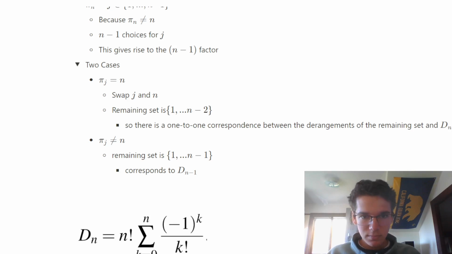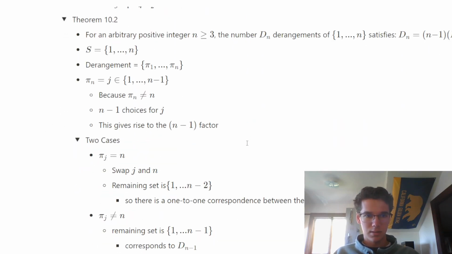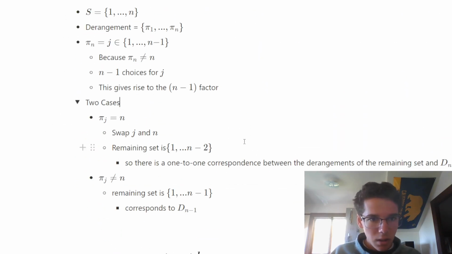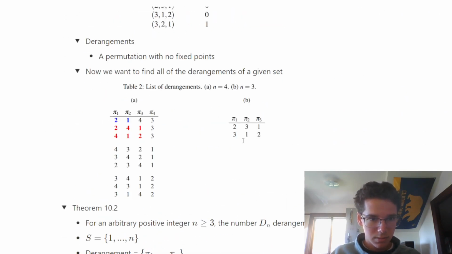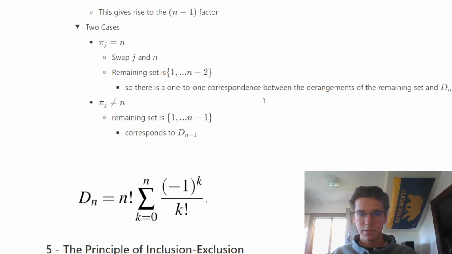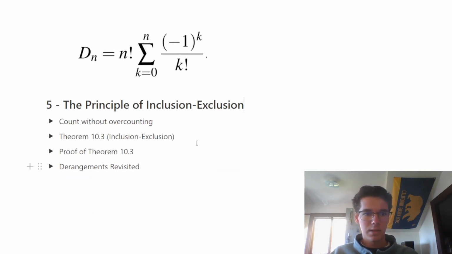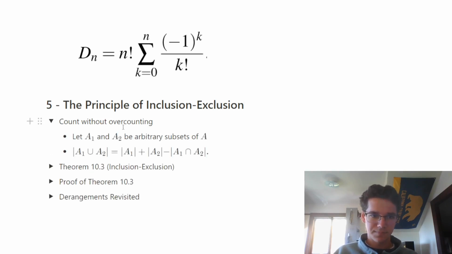So basically this equation right here corresponds to this equation right here, which we're actually going to derive later using the principle of inclusion and exclusion. Inclusion-exclusion is a way of counting without overcounting.